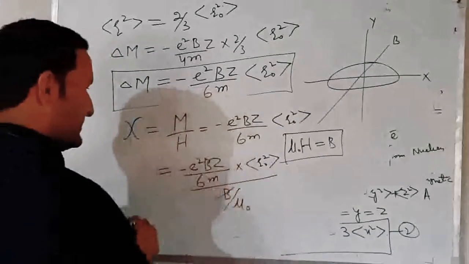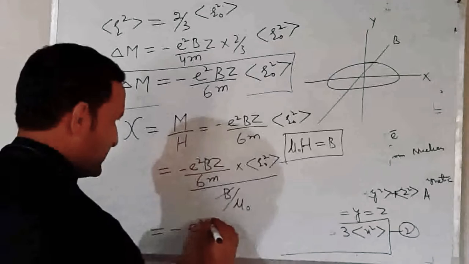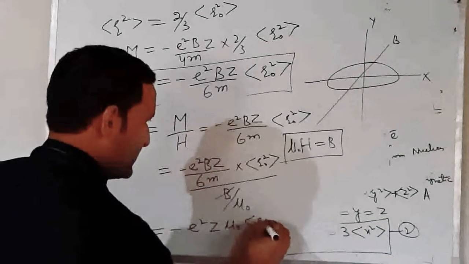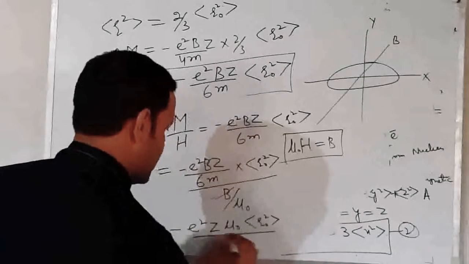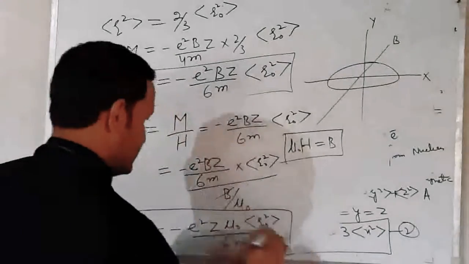B and B cancel. So we can write chi equal to minus e square Z mu naught r naught square divided by 6m. That will be equal to the magnetic susceptibility.